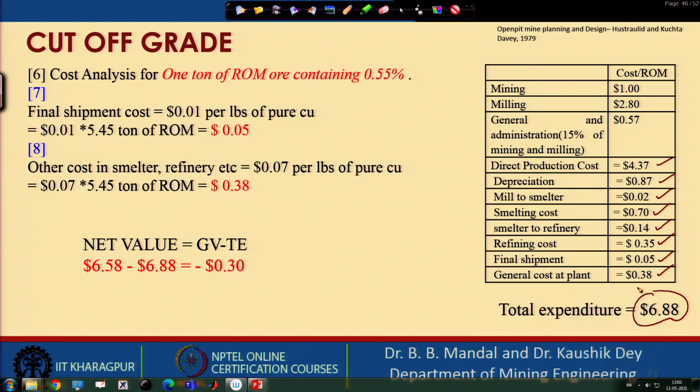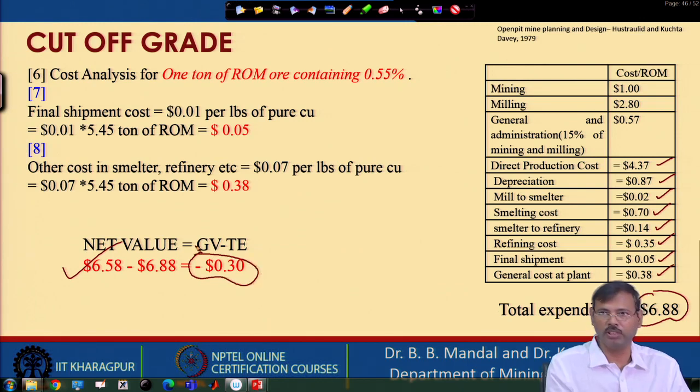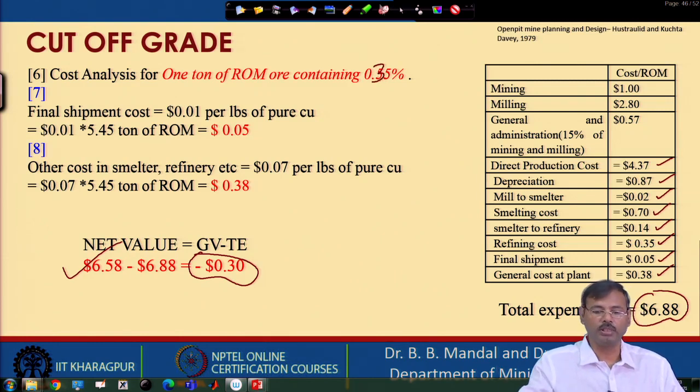Now, our income from selling was $6.58, but expenditure is $6.88. So, there is a loss of $0.3 by mining at 0.35 percent of copper in the ore.